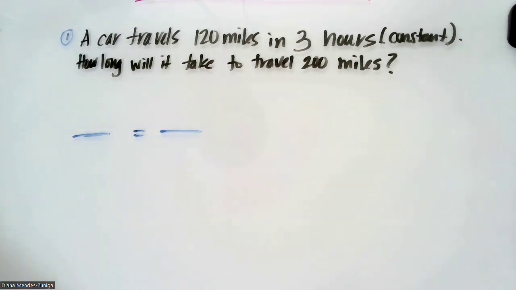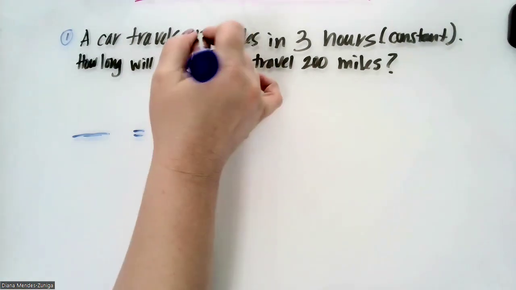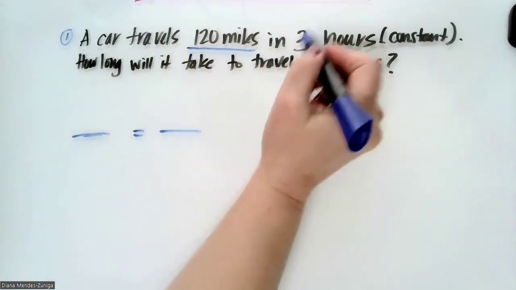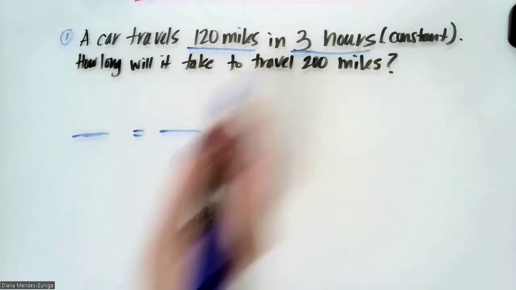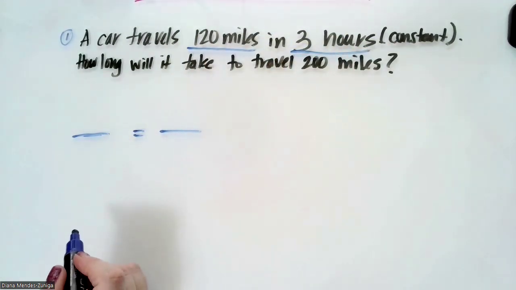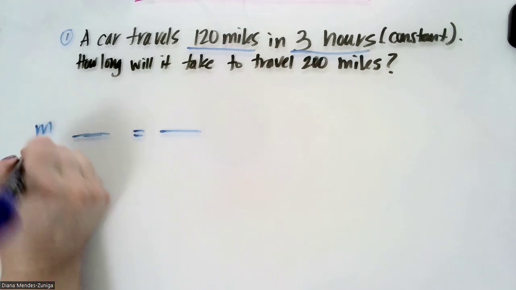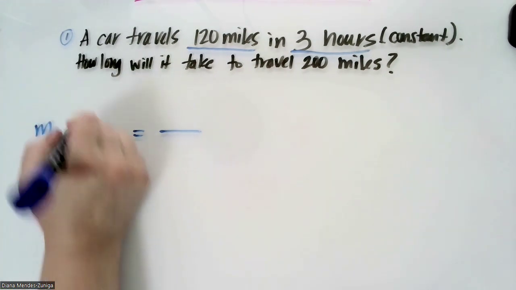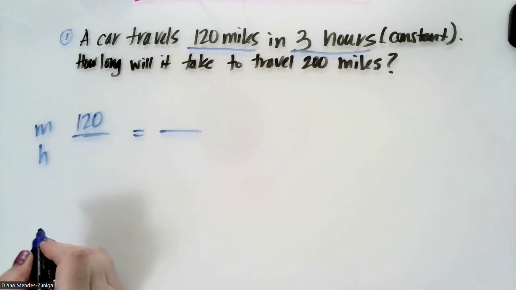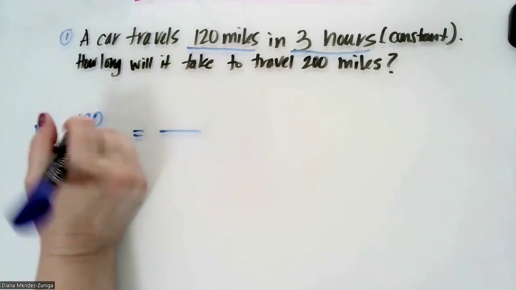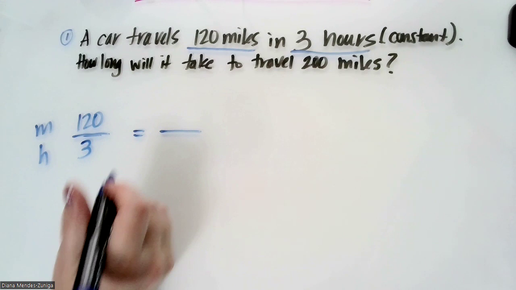We do have one set of information, which is it travels 120 miles in 3 hours. So we know that it takes 3 hours to go 120 miles. So let's go ahead and set up our miles and our hours. So I'm going to put my miles up here and my hours down here. I know that I went 120 miles, okay? And it took me 3 hours.